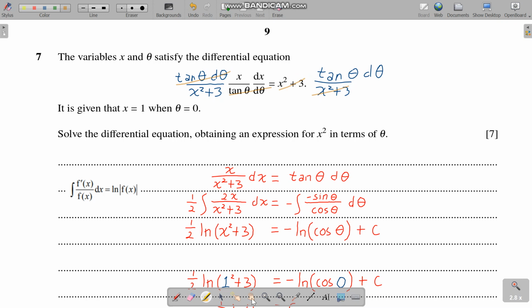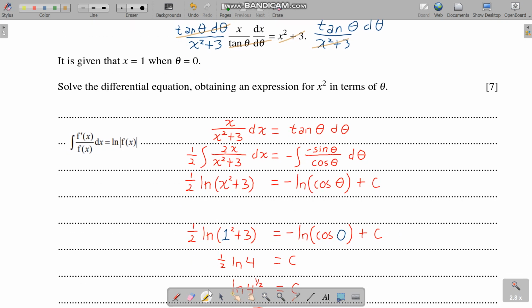Now to solve the differential equation, we're gonna need to integrate both sides. To integrate both sides, we need this MF19 formula, the f prime over f rule. If we use this rule, notice that we need the derivative of the denominator in the numerator. So the numerator must be the exact derivative of the denominator.